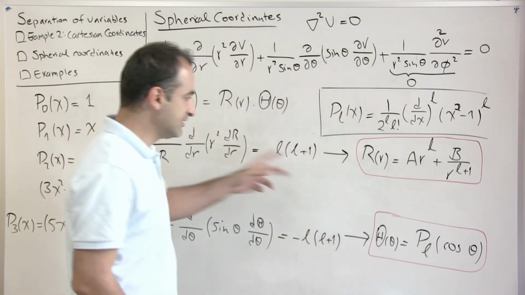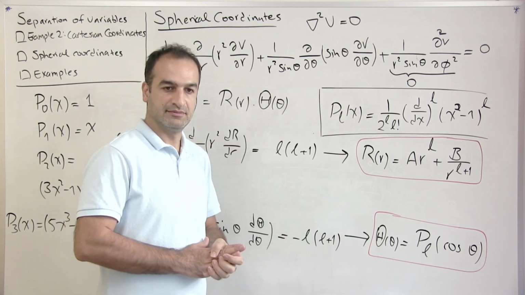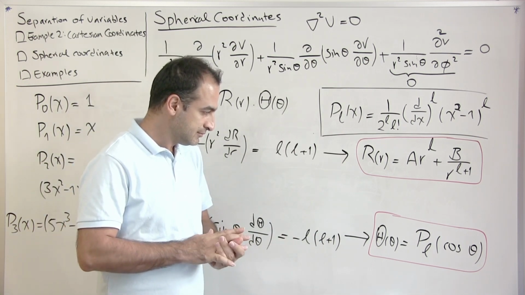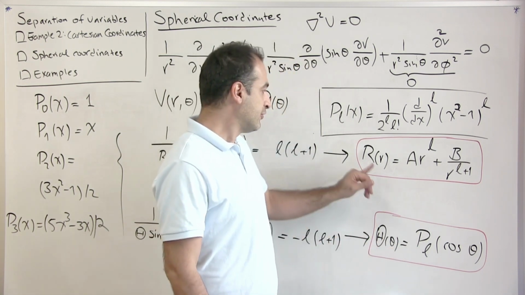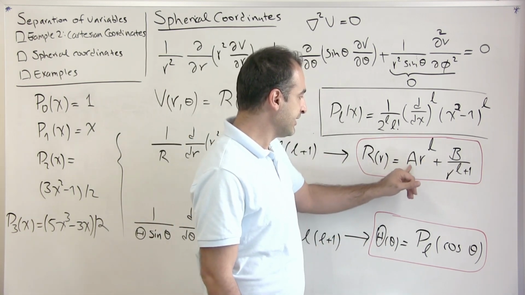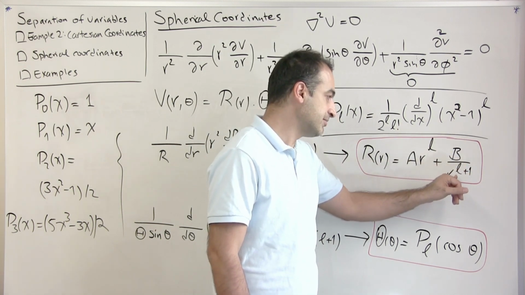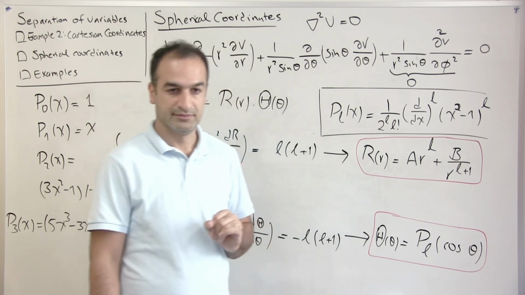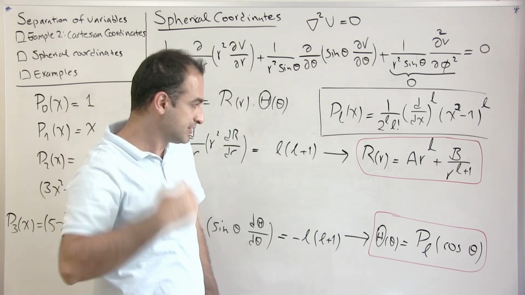Despite all these calculations, these 2 are not that complicated. So also, it's only in the theta one that we use P_L of x, right? Only for theta we use P_L. Okay, cool. For R, it has a very simple form, A times R to the power of L, plus B over R to the power of L plus 1. Gotcha. Thank you. Pretty simple function.